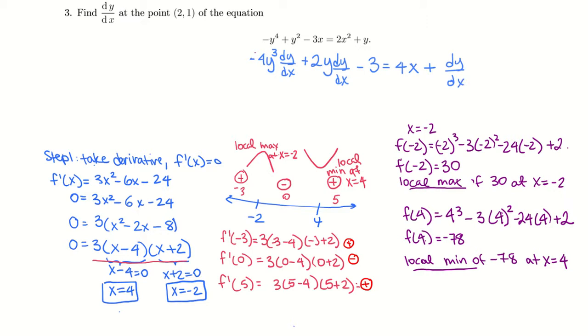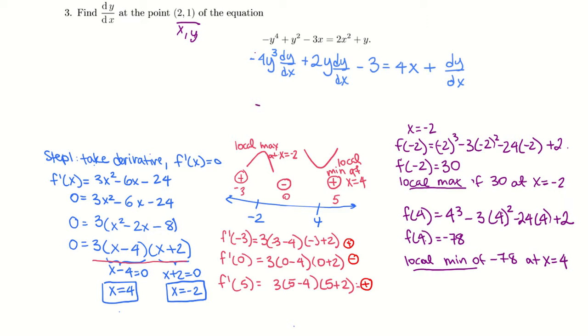And now we want to solve for dy dx, but since we have a number value to plug in for x and y, we can do that first now that we have taken the derivative. So plug in 2 for each x and 1 for each y.